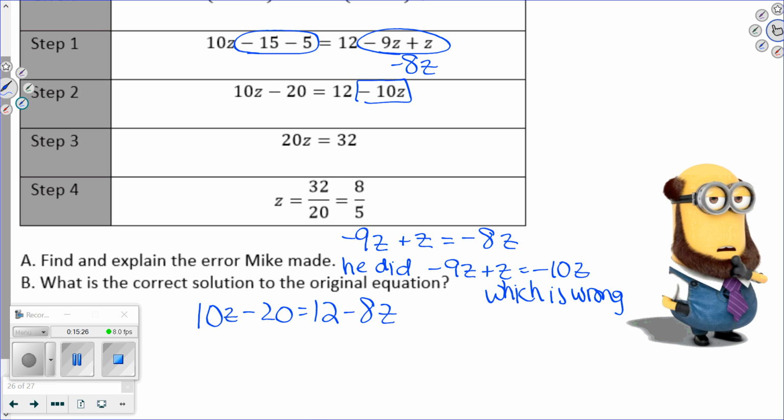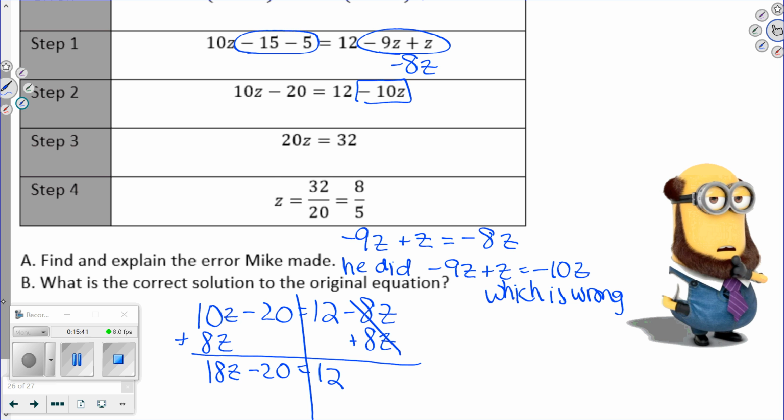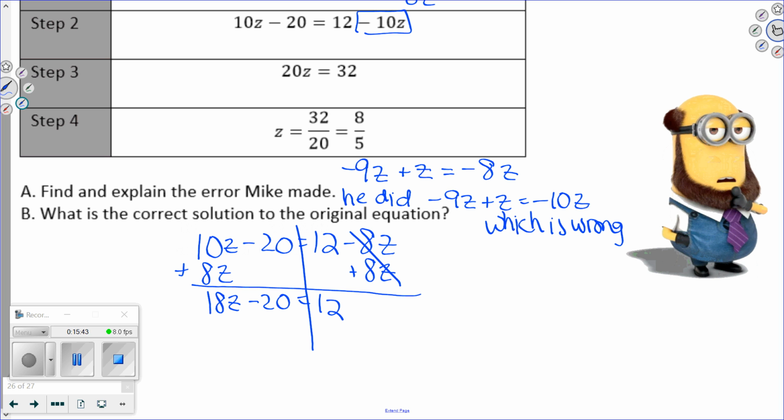So to finish solving it, I got z's on both sides. I'm going to go ahead and add 8z. So we have 18z minus 20 equals 12. Good, we'll add the 20. So 18z equals 32.